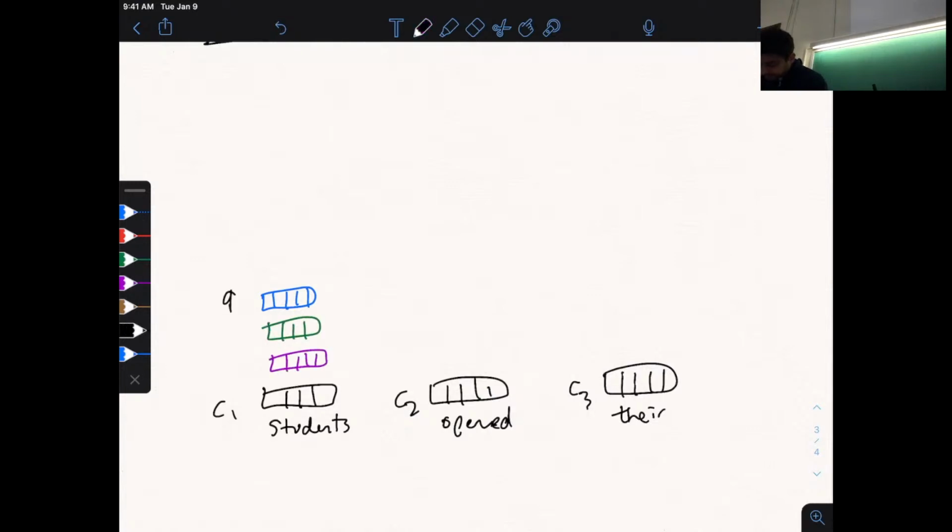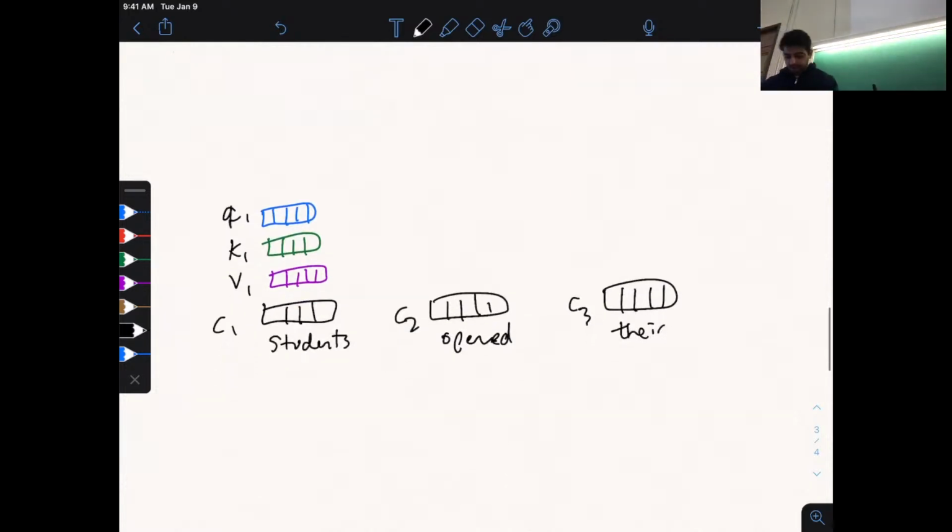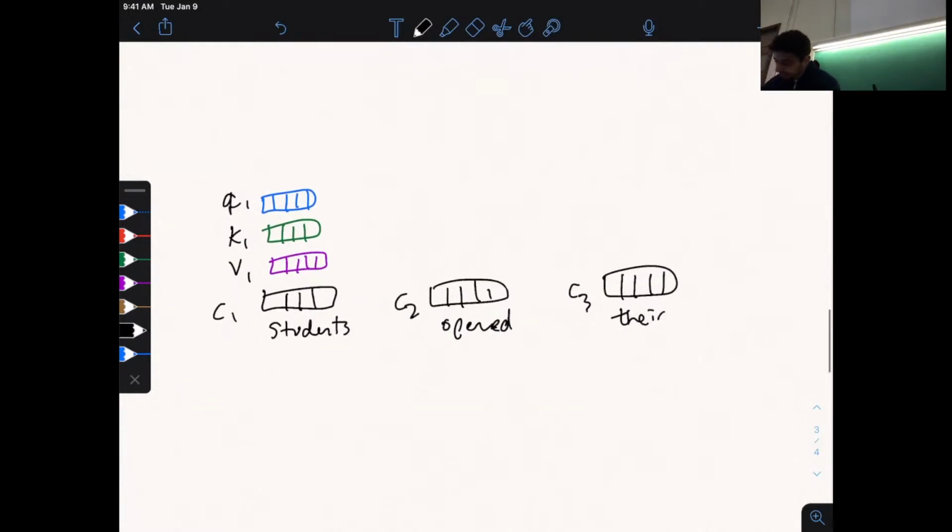This is Q1, what we call the query vector. This is K1, the key vector, and V1, the value vector. Let's take a look at how we compute these vectors before we talk about why they're called what they are and what their role is in this process.